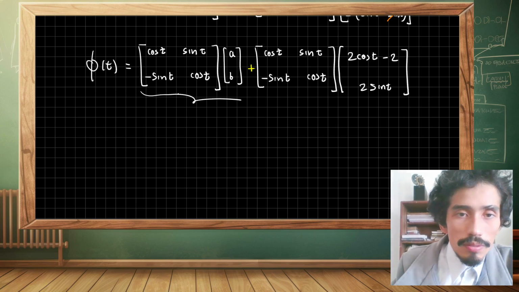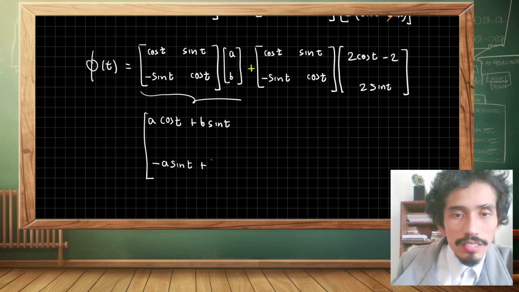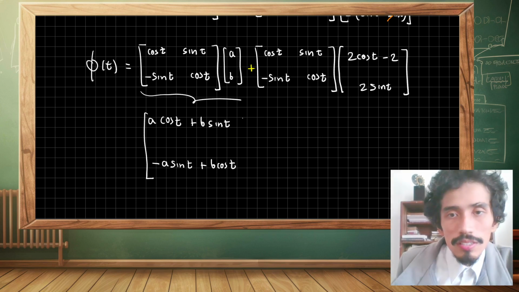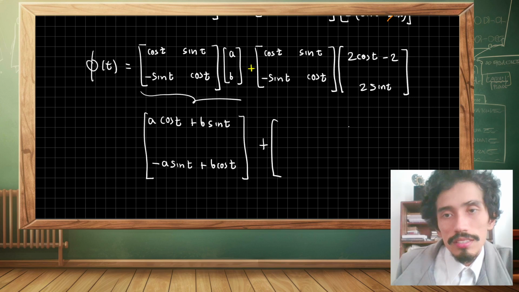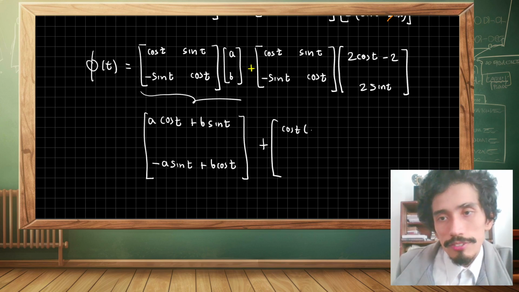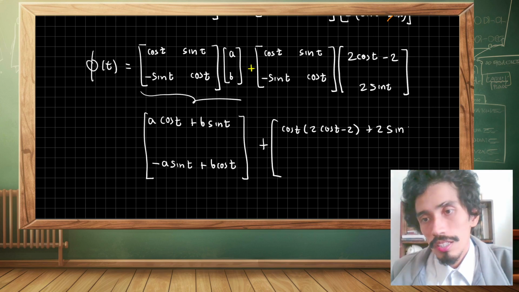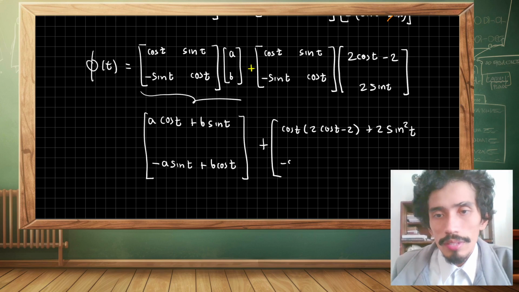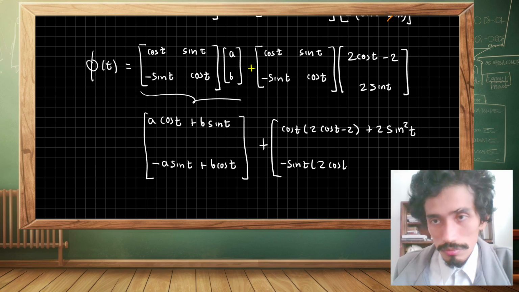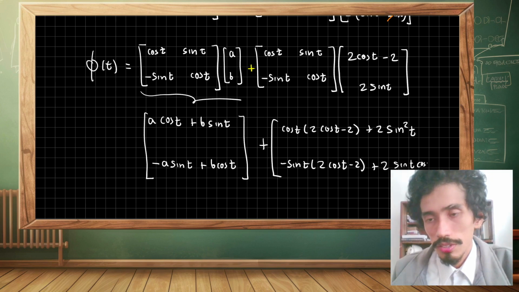So this product is equal to a cosine of t plus b sine of t, and the other is minus a sine of t plus b cosine of t, and this is plus this product, which is cosine of t times 2 cosine of t minus 2 plus 2 sine square of t, and the other one is minus sine of t times 2 cosine of t minus 2 plus 2 sine of t cosine of t.